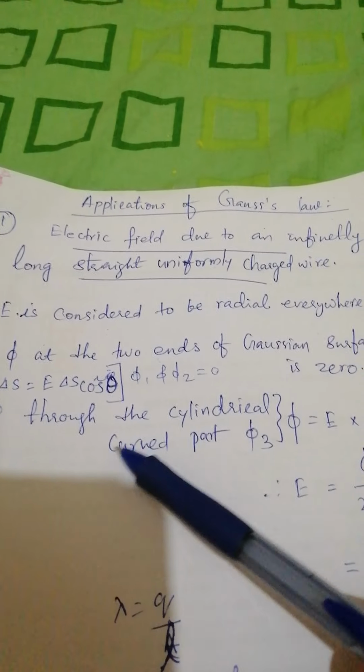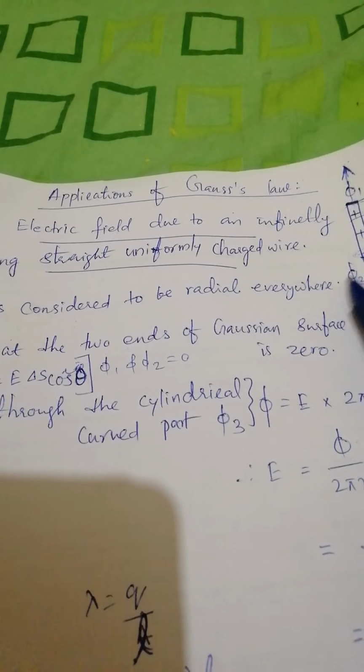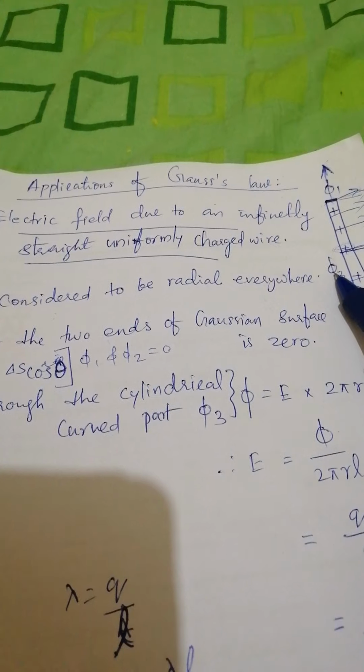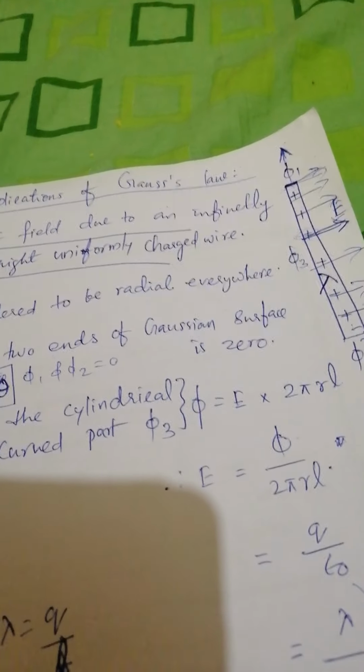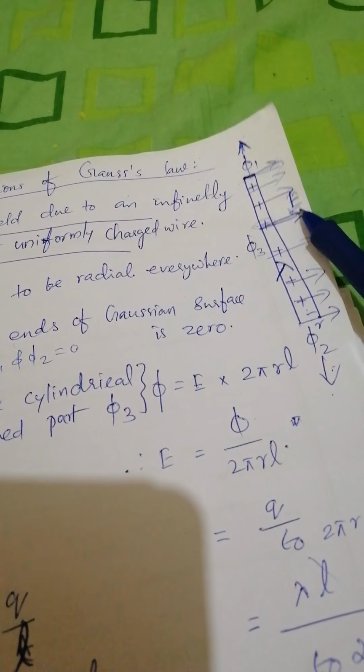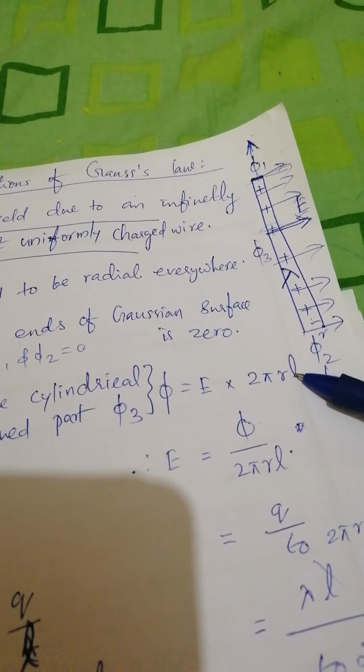So the electric flux through the cylindrical curved surface, phi 3, or we can write it as phi, is equal to, what is that? That is electric field into area.